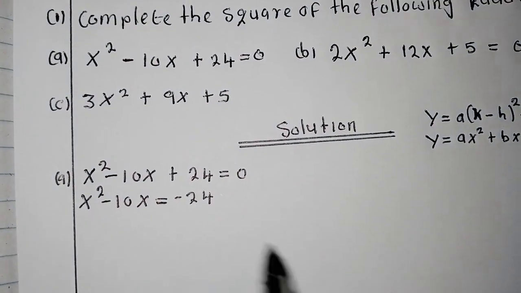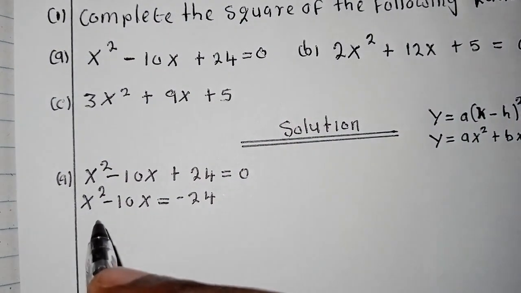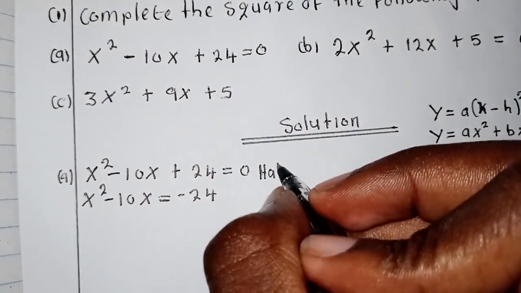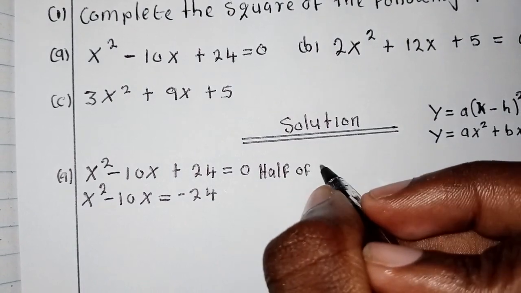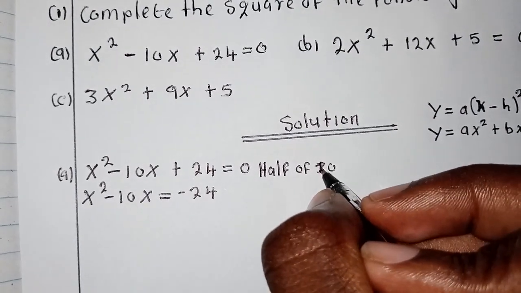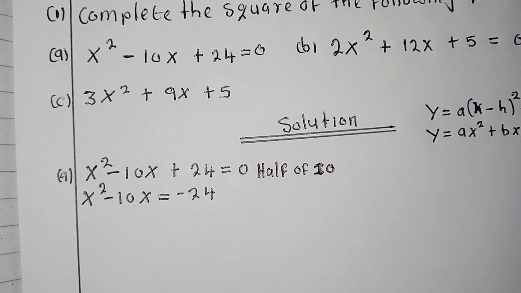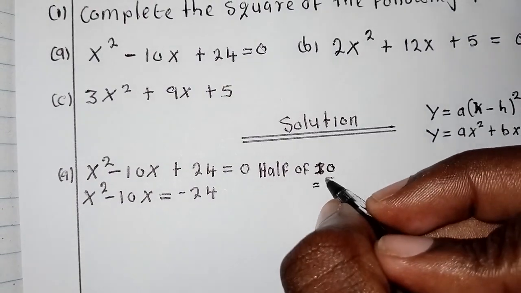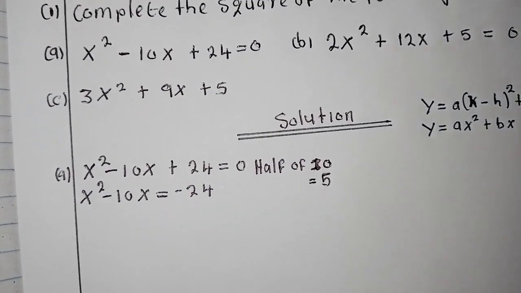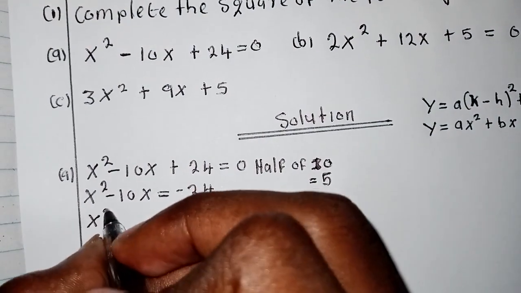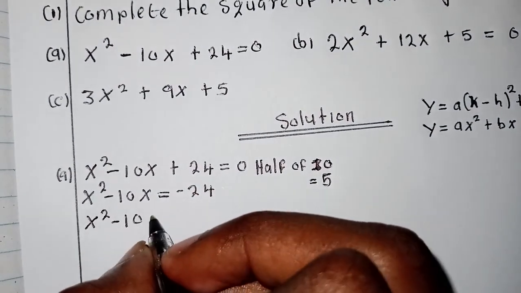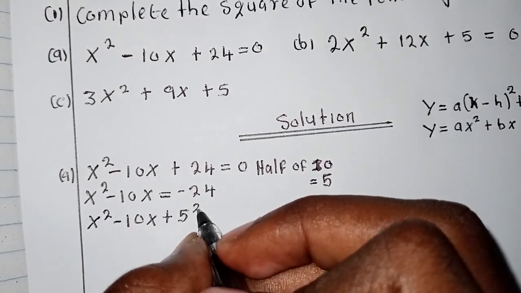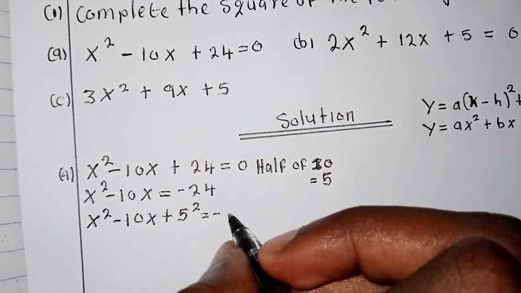Now when you reach here, you look at this 10 and you say half of 10. Half of 10 is just 5. Then you say x to the power 2 minus 10x plus that half of 10 to the power 2 equal to minus 24.